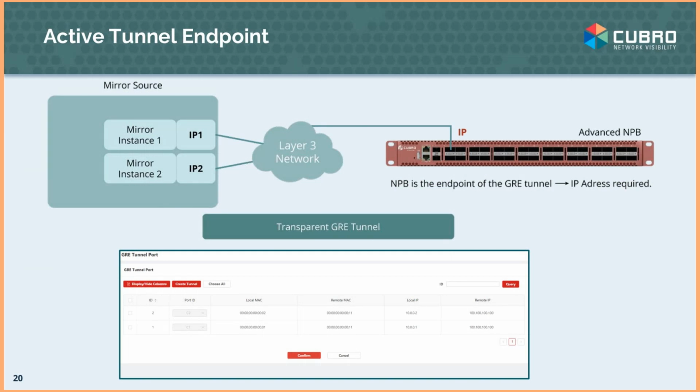Why is this important? If there is no IP address, what will happen? The packets will never arrive at the packet broker. So it needs to be active, of course. Otherwise the layer three network in the middle will not know where the destination is sitting. Okay, so this is advanced.